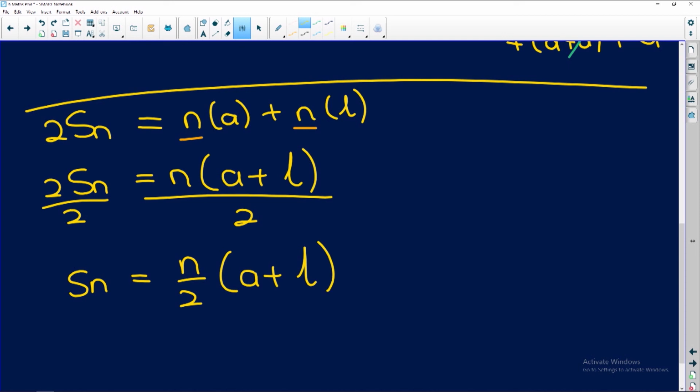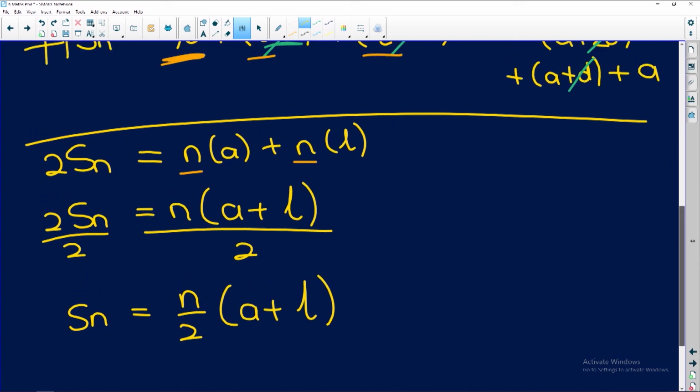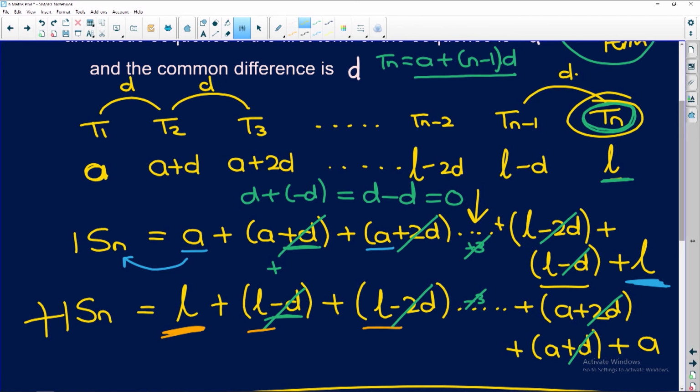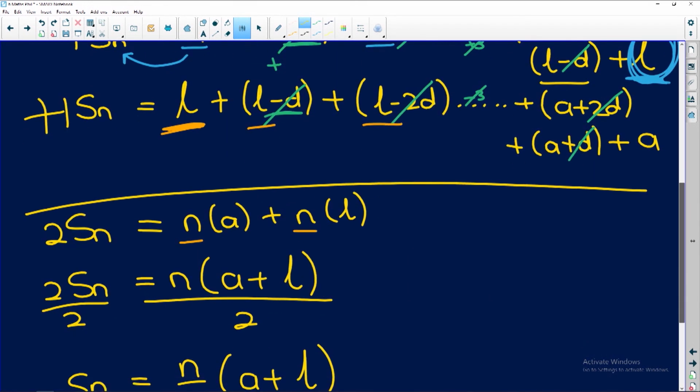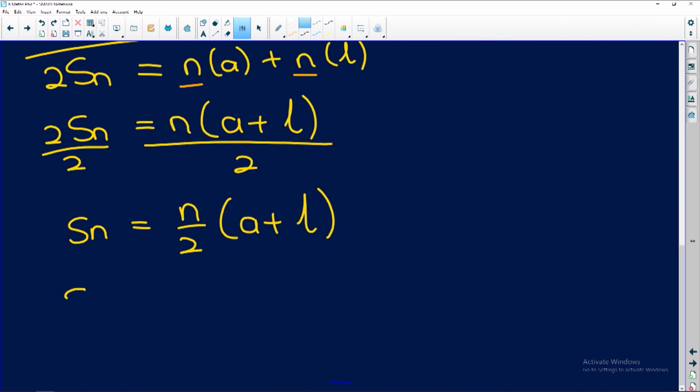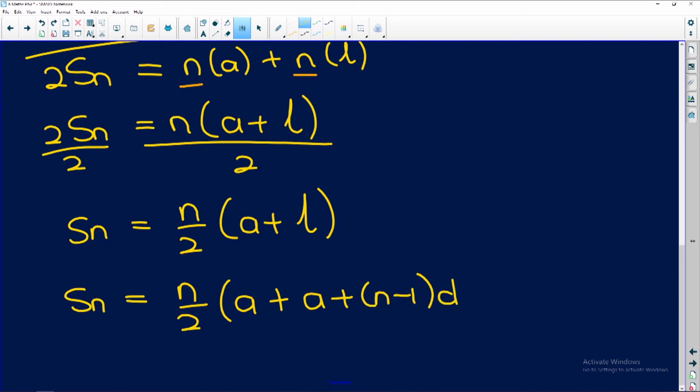Now, this is definitely not our complete Sn formula. Remember, right at the beginning, we said if we want to simplify and use L as our last term, we must remember that it is Tn, and that for an arithmetic sequence is this whole general term. So if I go and resubstitute that into my sum formula, I'm going to get that Sn is equal to n over 2 into A plus, remember our last term is that general term, A plus n minus 1 multiplied by d.